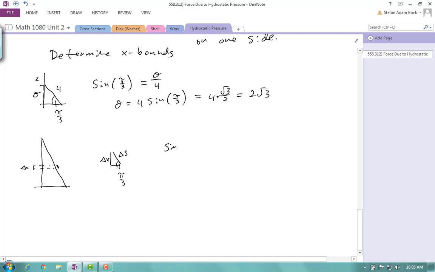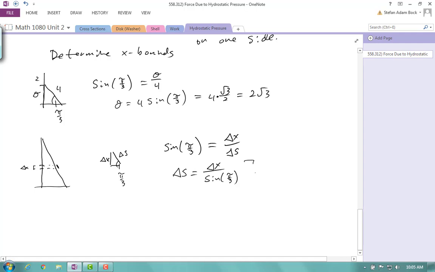So sine of pi over 3 is equal to delta x divided by delta s, or delta s is equal to delta x divided by sine of pi over 3.